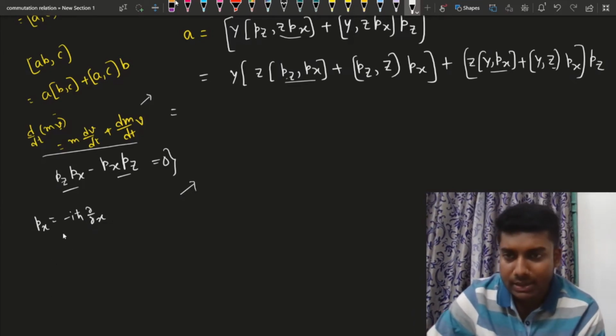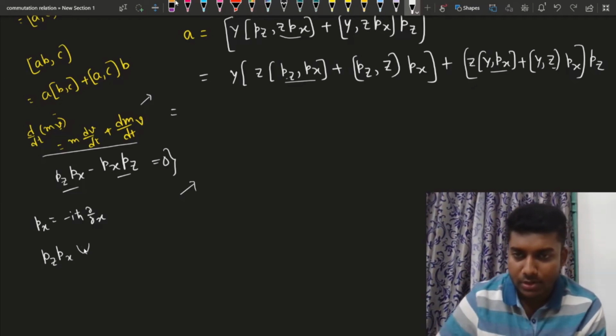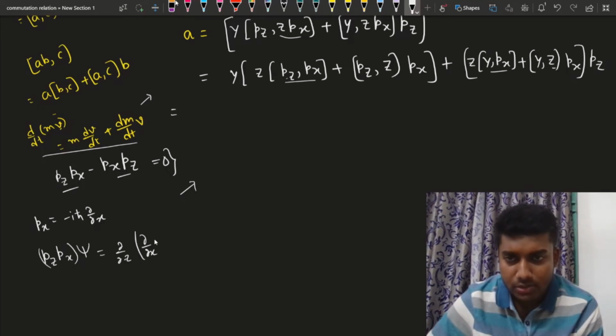So if we have pz into px, I'm just ignoring this term, I'm just dealing with this derivative. More simply, if I apply it on psi, that means del del z into, in bracket, del x of psi, right?